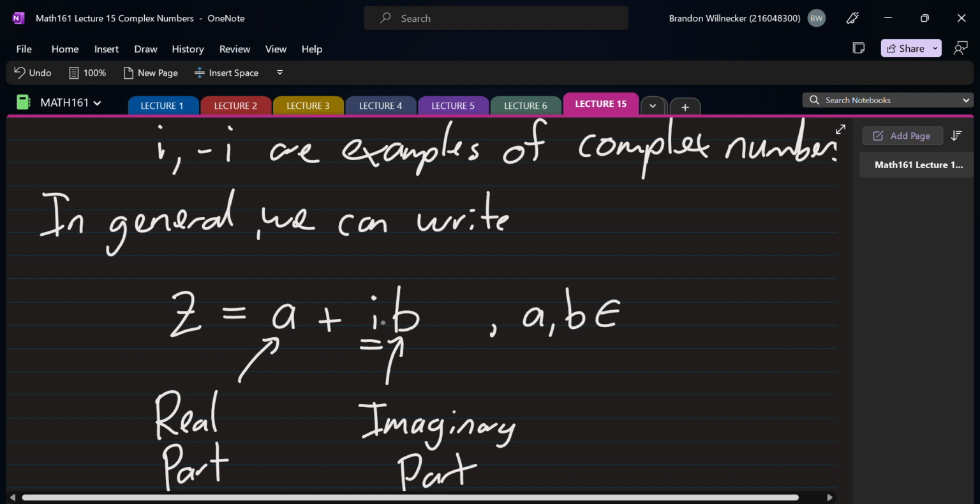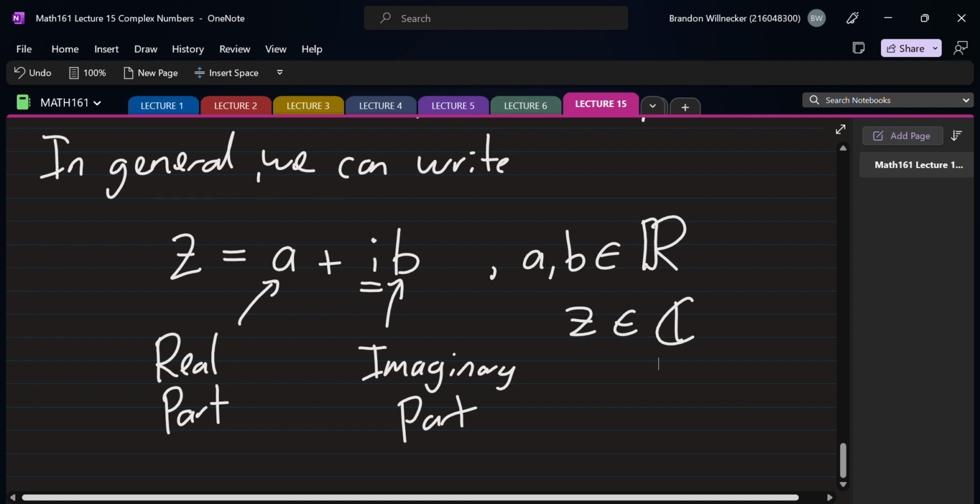So a and b are real numbers, and together like this, we say z is a complex number. We write that with this fancy looking C, like the R with the double slash for the real numbers, the C with the slash for the complex numbers. So C for complex.